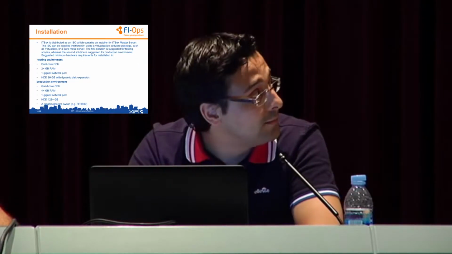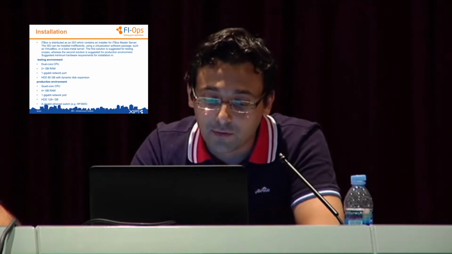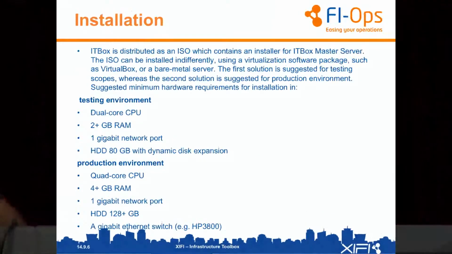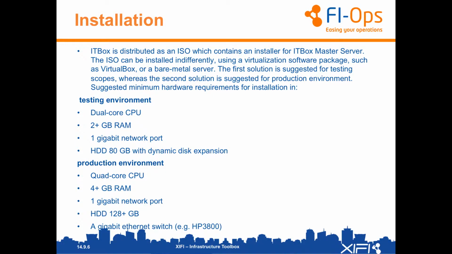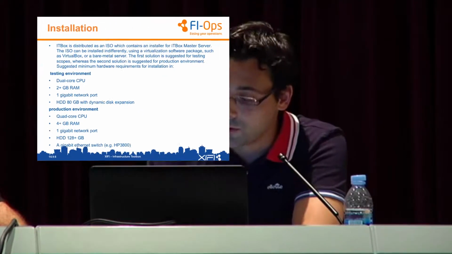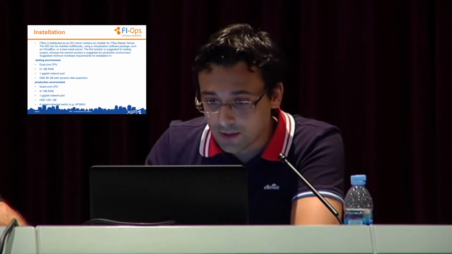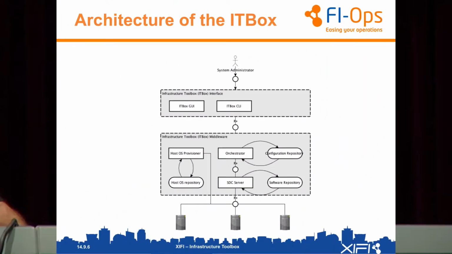We have minimal requirements. For example, for a production environment, we should have at least 4 gigabytes of RAM, a 1 gigabit network port, and a gigabit Ethernet switch, for example HP 3800.